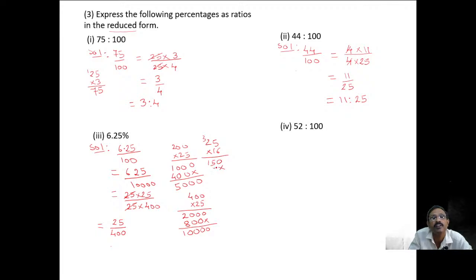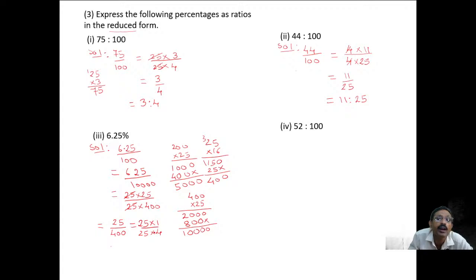Am I getting 400? That means I can use 25 ones are 25, and 25 into 16 is 400.